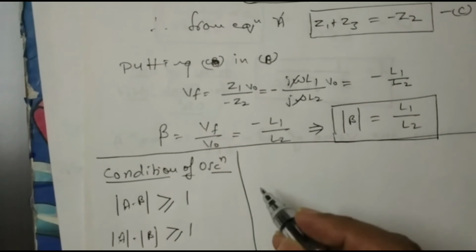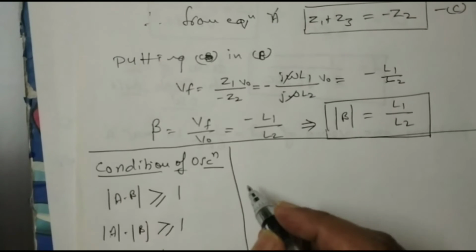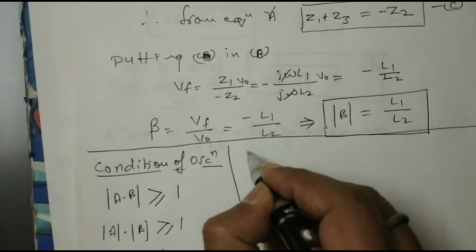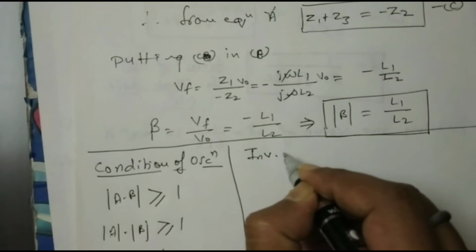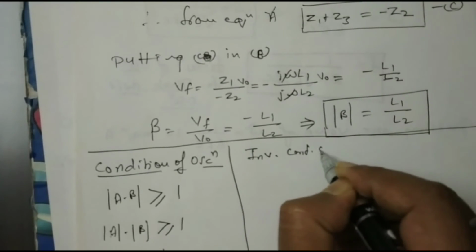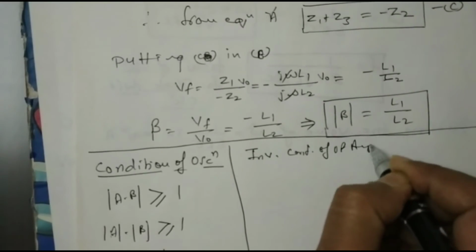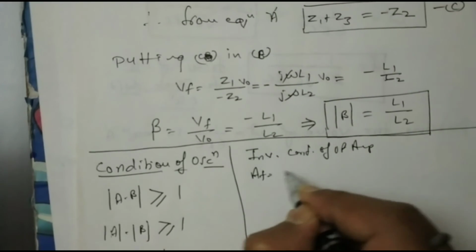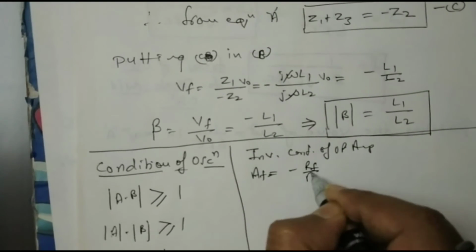For the inverting configuration of the op-amp, AF equals minus of RF upon R1.